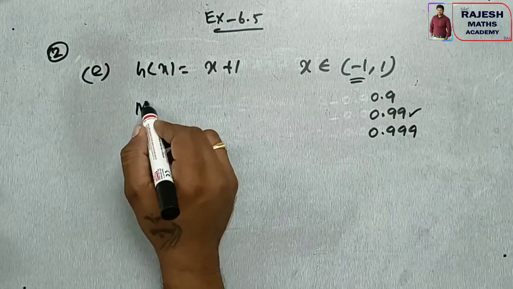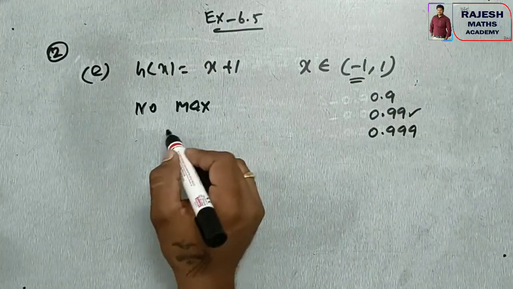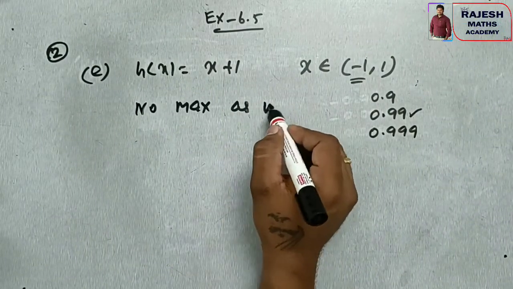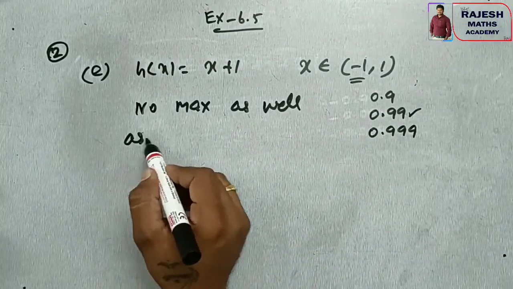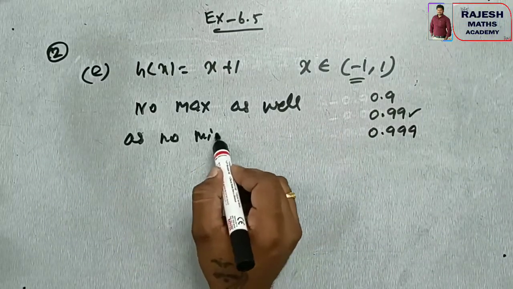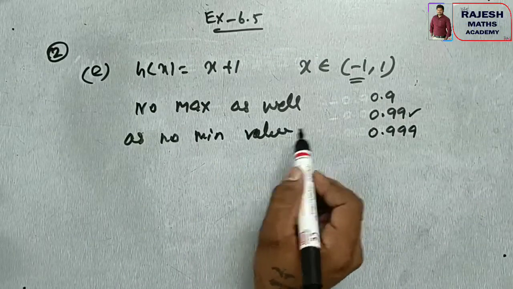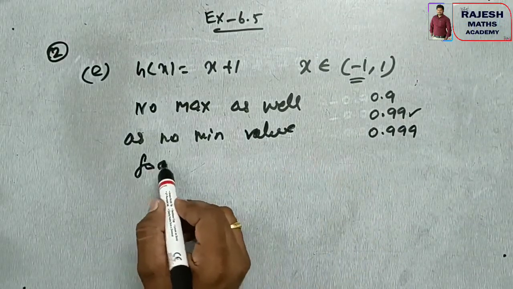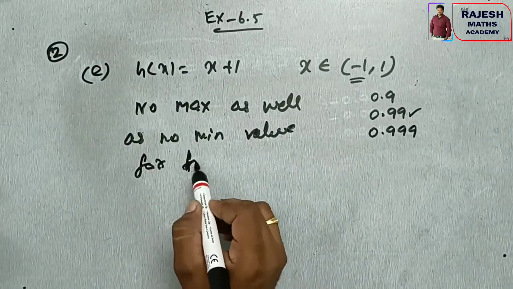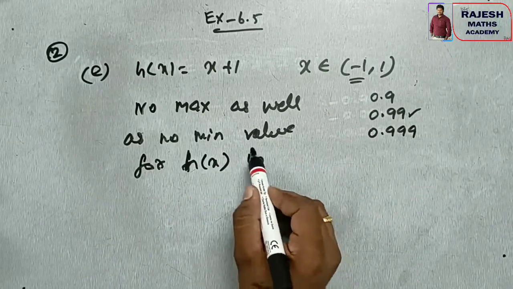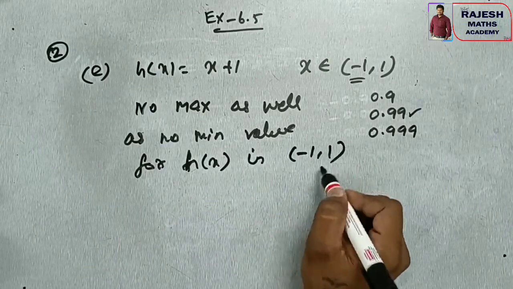So I can conclude that there is no maximum and no minimum value for h of x in the interval minus 1 to 1.